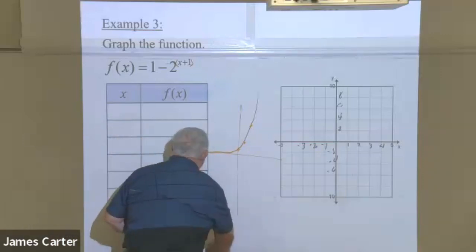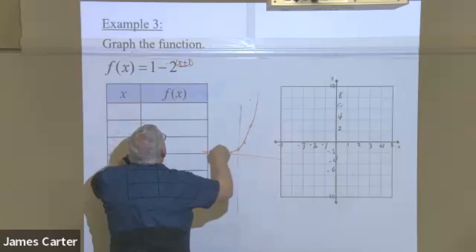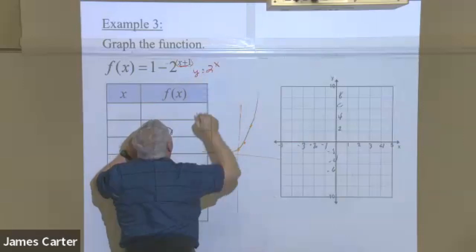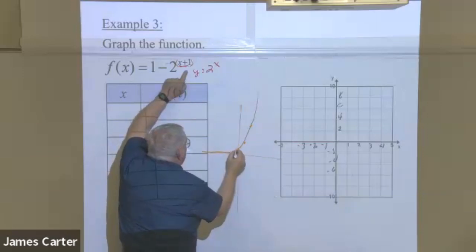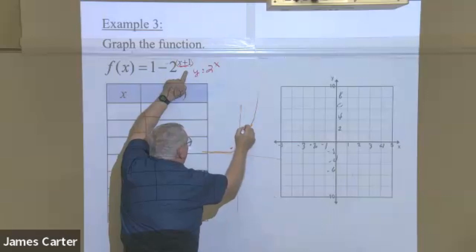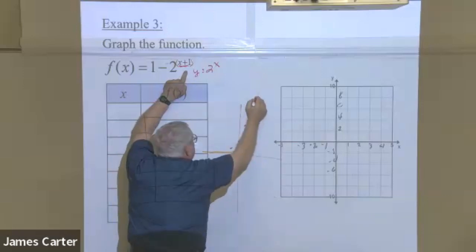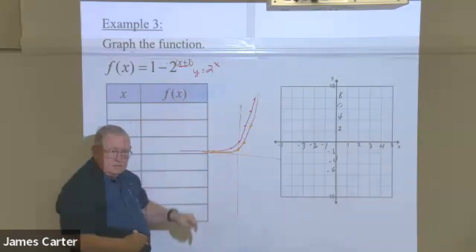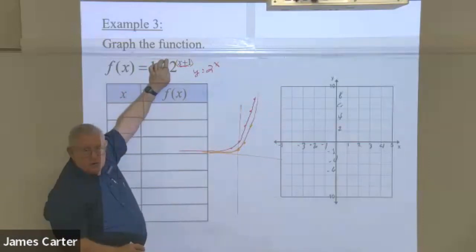So just this part is going to take this graph, compared to 2 to the x, and shift everything one spot this way. And this thing is going to go like that. That's just that part of it right there. Are you with me so far?